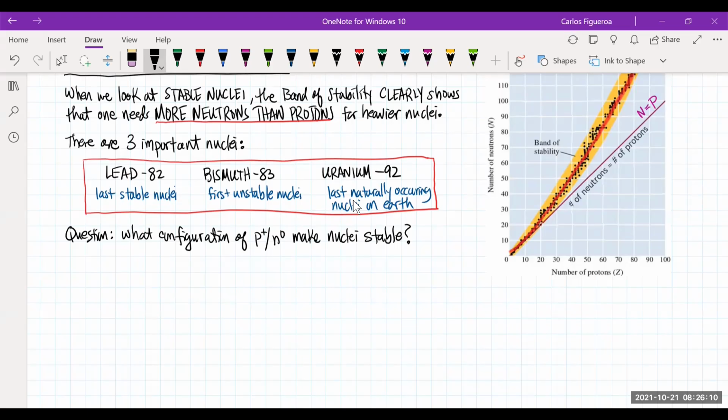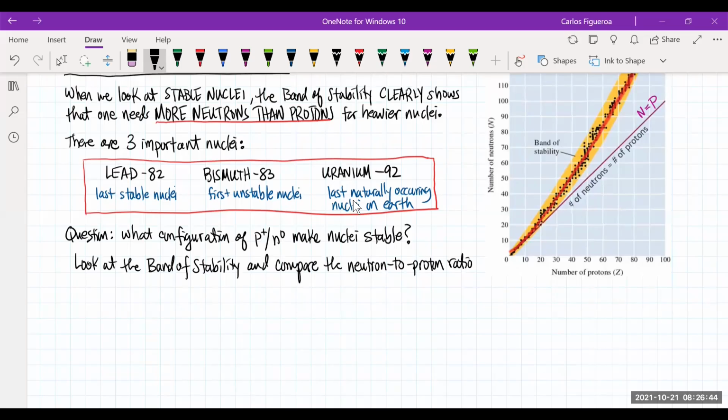There has to be some combination. And the way we do this is that we look at the band of stability and compare the neutron to proton ratios. That's what we do.